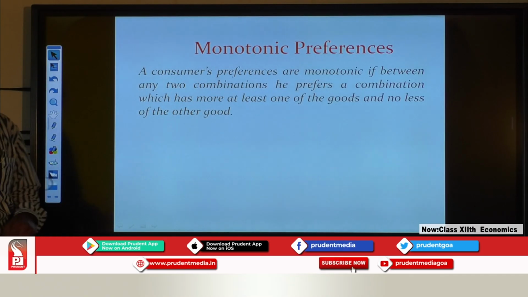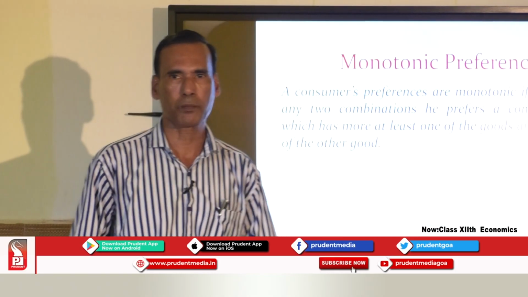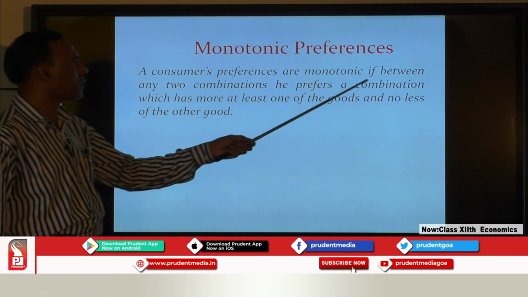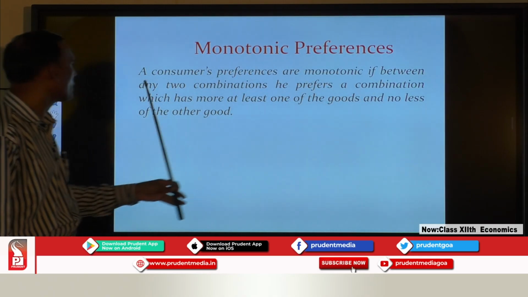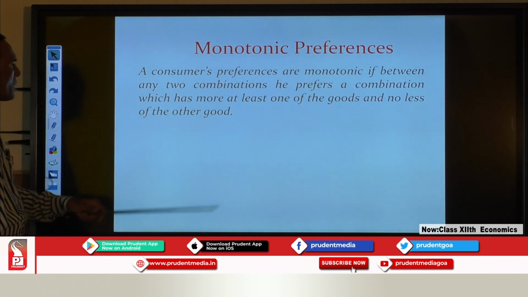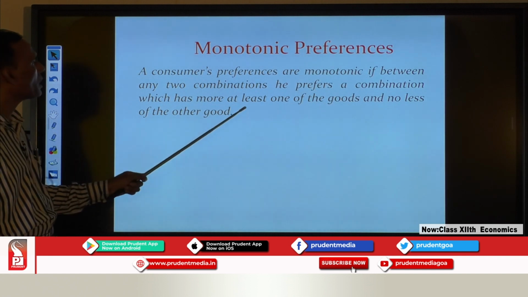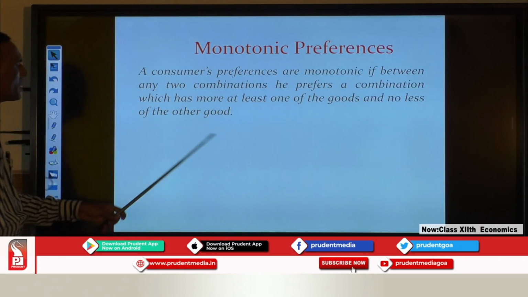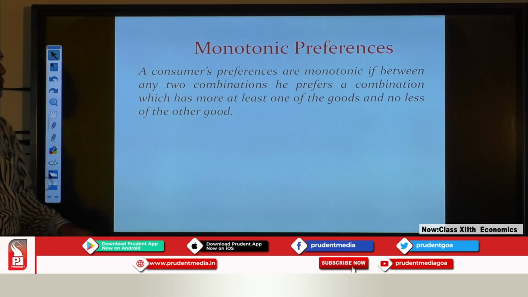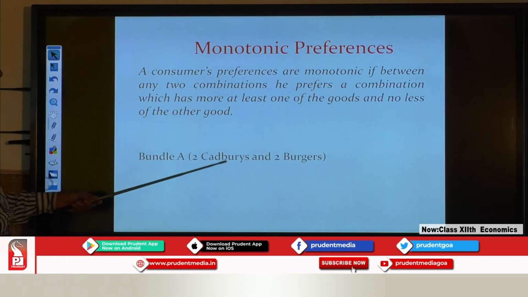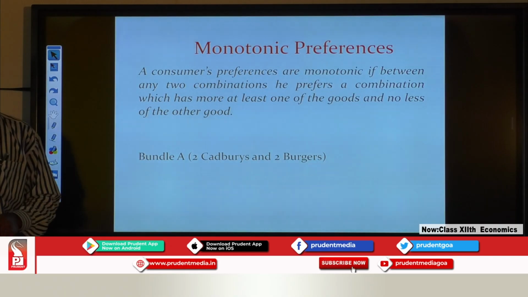Now, monotonic preferences. Monotonic preferences mean a consumer's preferences are monotonic if between any two combinations he prefers a combination which has more of at least one of the goods and no less of the other goods. For example, I have taken bundle A as 2 Cadbury's and 2 burgers.